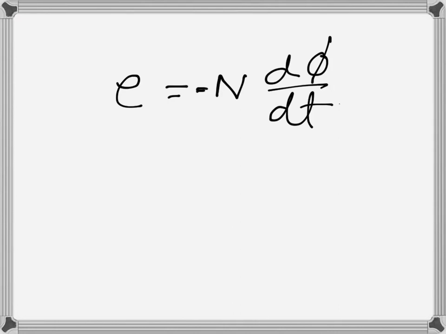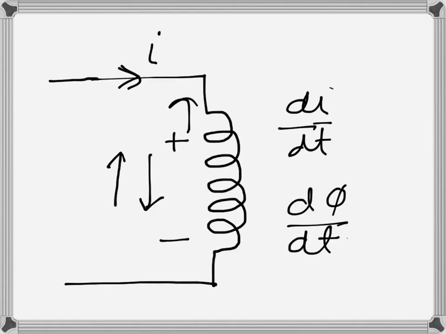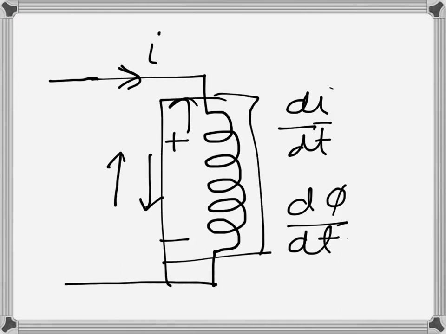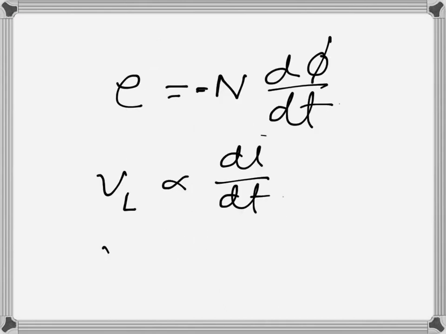So we can say VL, which is the voltage across the solenoid, is proportional to di over dt. And if we see this as an inductor, we can introduce the term inductance as the property, and we can equate this to the voltage.